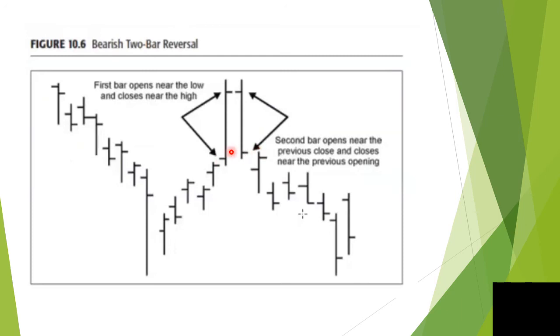Jadi dia dekat-dekat. Dia buka di bawah, kemudian dia tutup dengan harga yang tinggi, kemudian esoknya dia buka dengan harga previous closing price and then dia tutup hampir-hampir dengan opening price hari sebelumnya. So this one is 2 bar reversal.